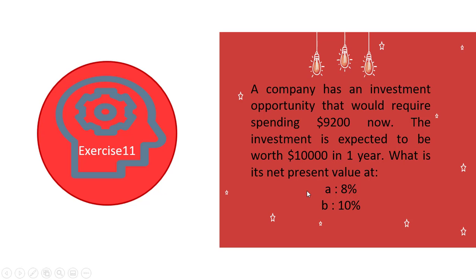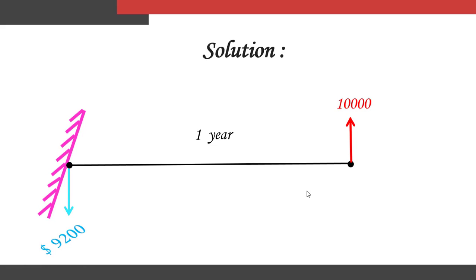Let's start with the time diagram. The $9,200 represents the expenses, the cash outflow to get the revenue or the cash inflow.